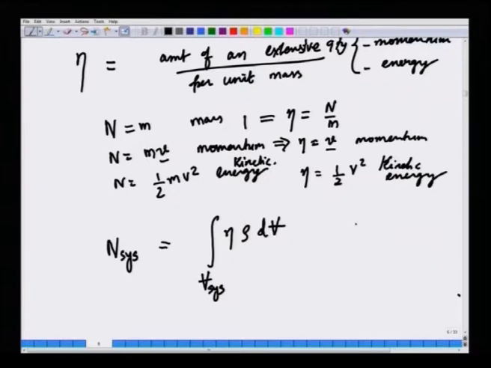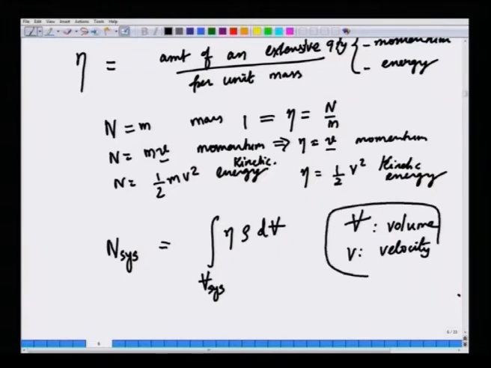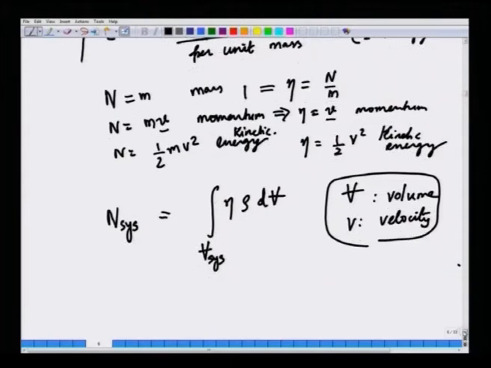I am going to use a V with a cross line like this for volume, because V is normally used for velocity. So, in order to distinguish volume from velocity, we will use a V with a cross line for volume and just plain V for velocity.